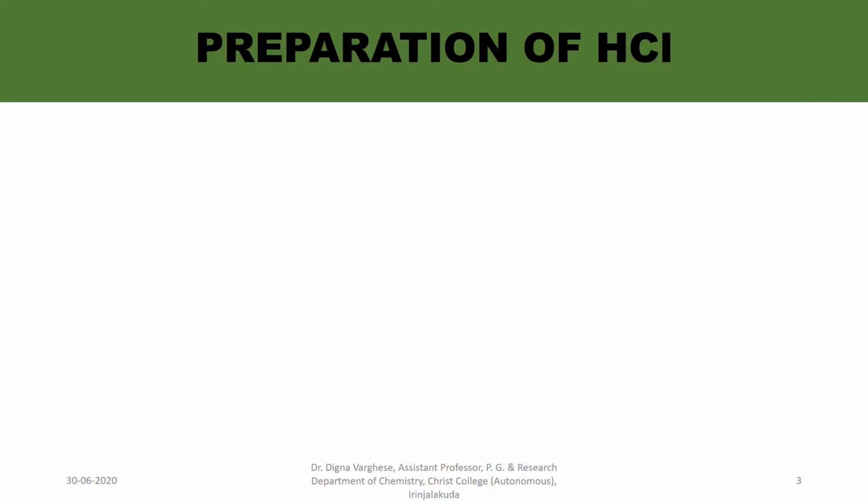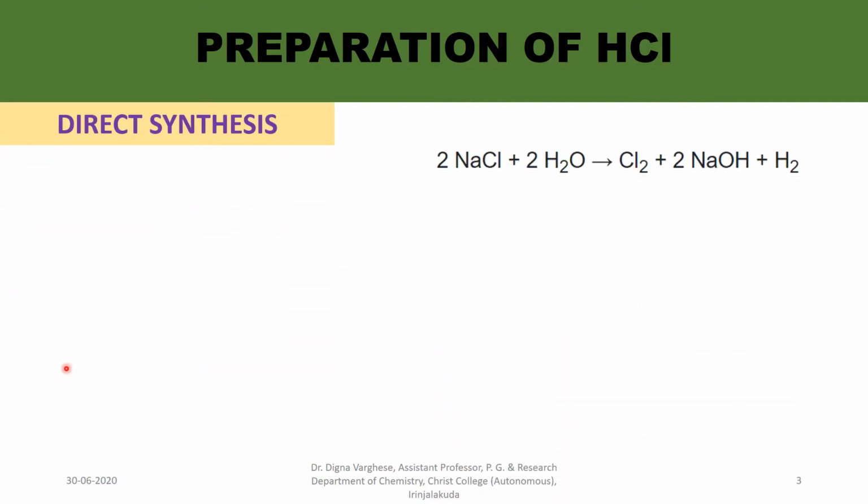Preparation of hydrogen chloride. First method is the direct synthesis. When brine solution undergoes electrolysis, we get pure chlorine, sodium hydroxide and hydrogen gas. Pure chlorine is treated with the hydrogen gas to give HCl gas, and this is an exothermic reaction.